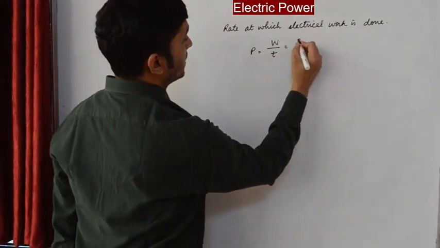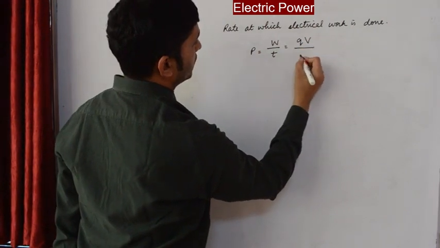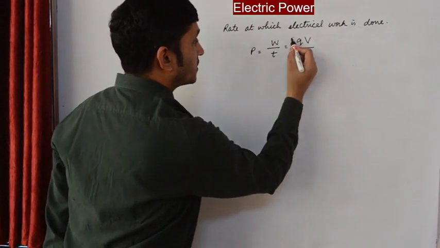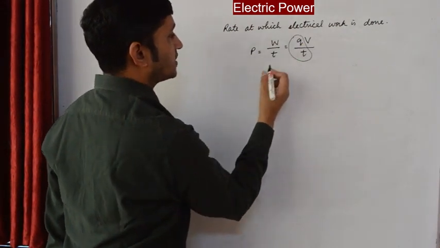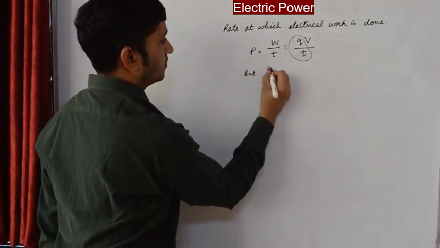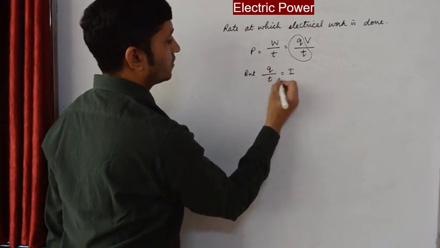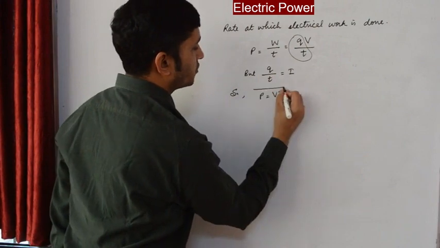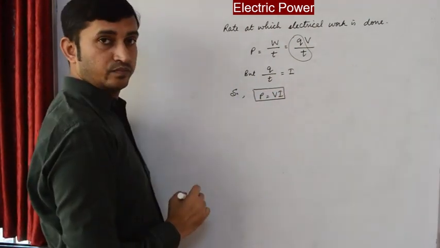Work can also be written as charge into potential upon time. But we know that the ratio of charge and time is equal to I. So we can write the power will be equal to V into I.